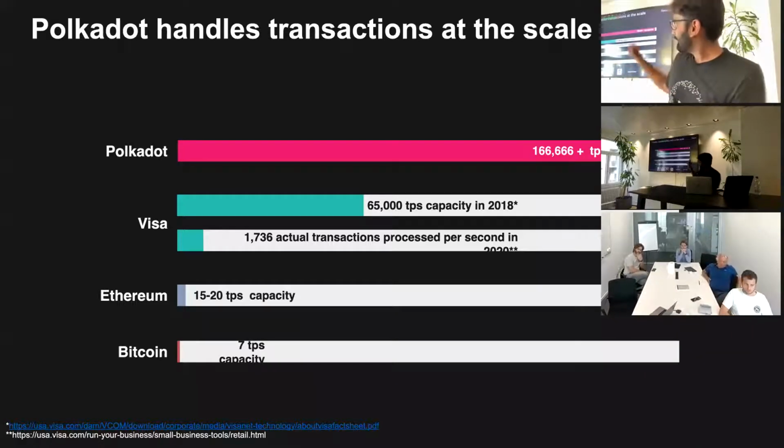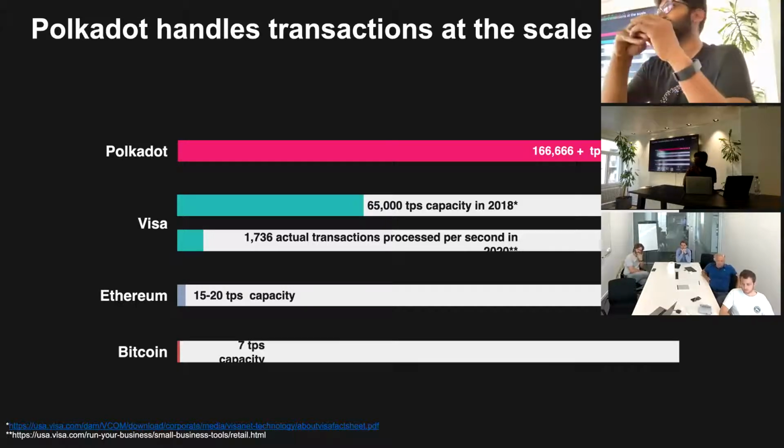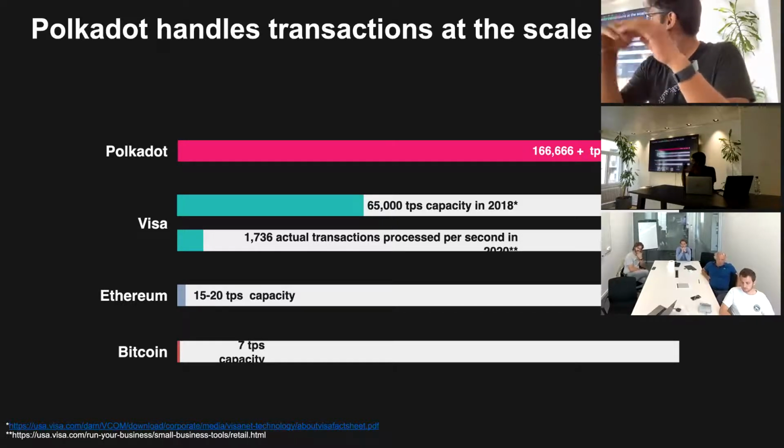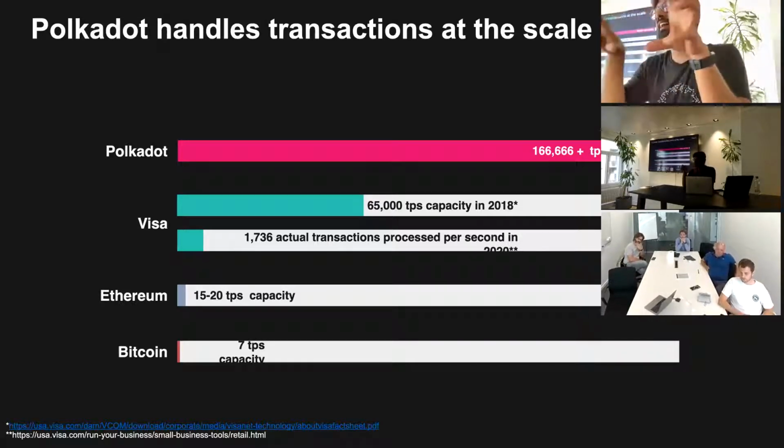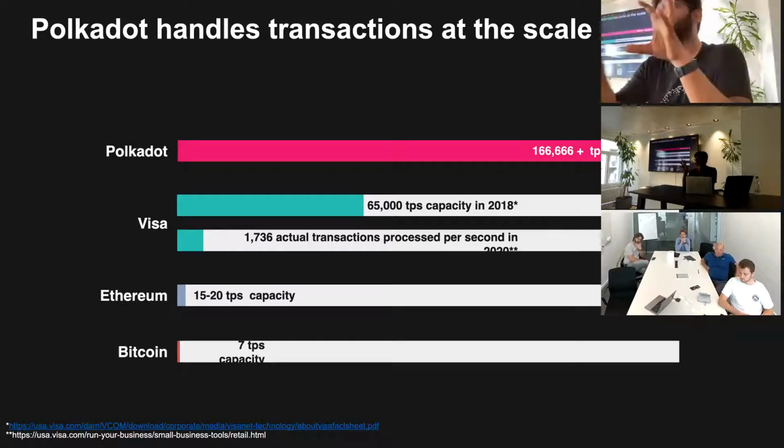The point being, Polkadot has such a larger capacity for transactions happening across different parachains, it is possible for you to build applications that can make use of that parallel architecture and perform so many transactions per second.